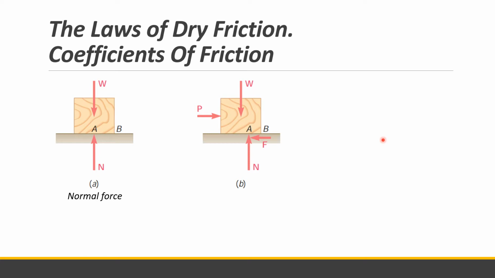Since it is not moving but you are applying a small force P, there must be an action and reaction. When you apply the action P, a reaction force must exist that can balance our P. So it balances it, and in this case that is our F. This other force is the static friction force.